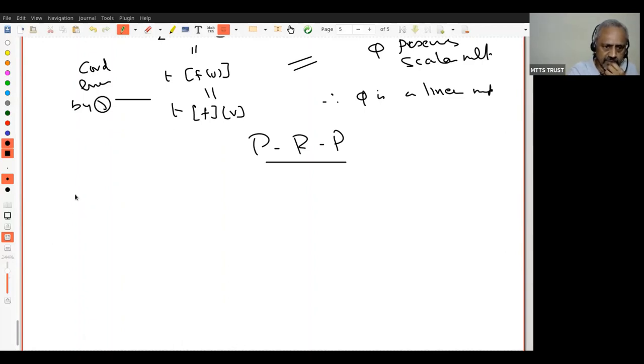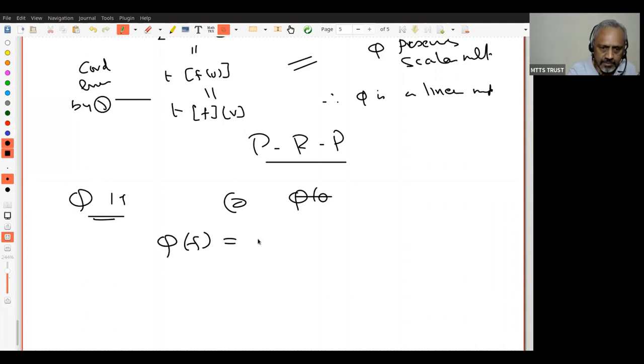Now the next question is whether phi is one-one. Since it's a linear map, to check it's one-one, all I have to do is check that the kernel of phi is 0. That means if phi of f is 0, where f is a linear map, this implies f is 0.